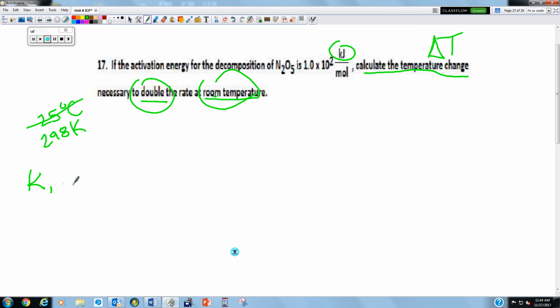All right. So what we need to do right now is identify K1 is going to be 1, and so we're doubling it, so that means K2 is going to be 2. T1 is what we want to know. Hold on just a moment.